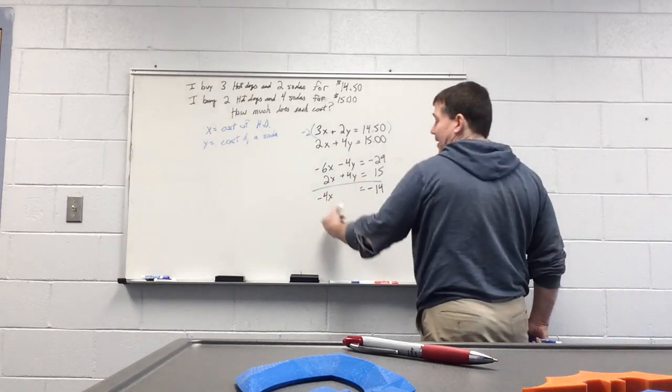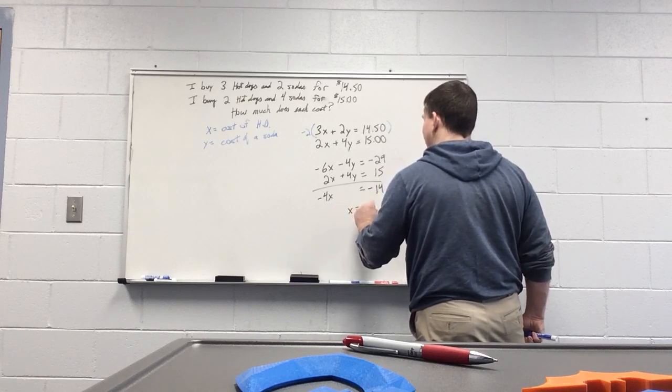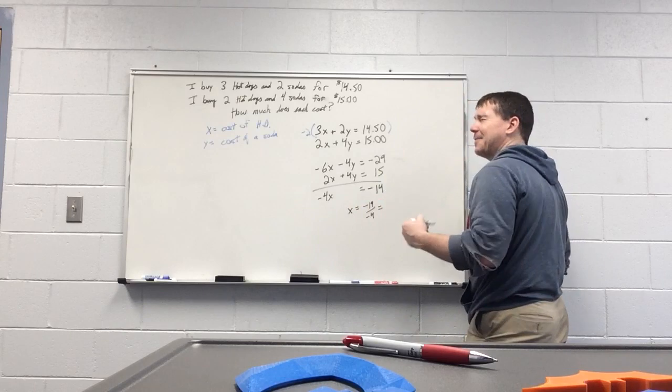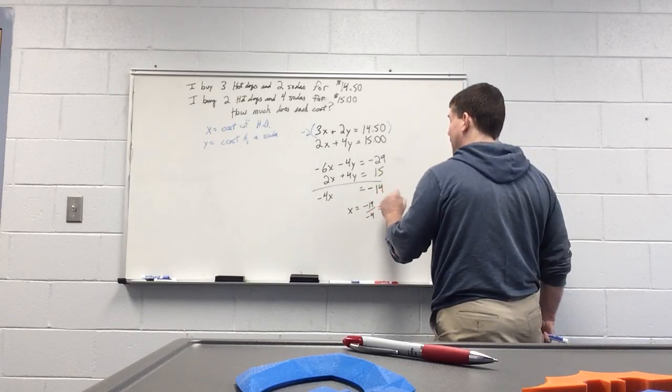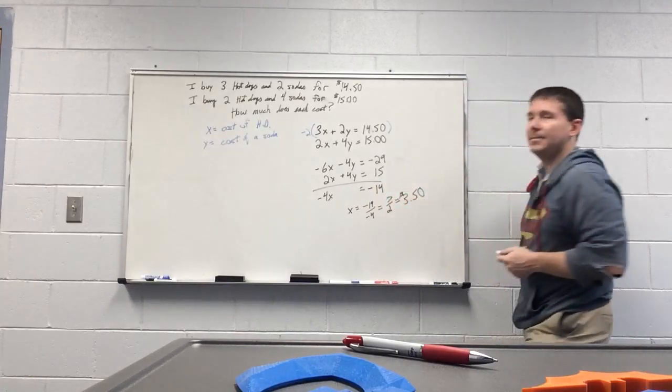Now just solve it. Divide by negative 4. x is negative 14 over negative 4. The two negatives cancel. I get 14 over 4, which is 7 over 2, which is 3.50.